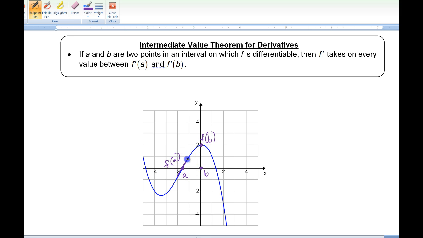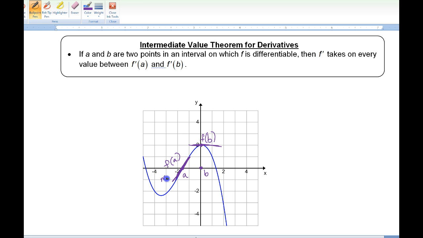If you have this slope here and the slope here, if it's differentiable, then let's approximate the slope there. If you had to estimate the slope of that little line segment, maybe m equals 1?